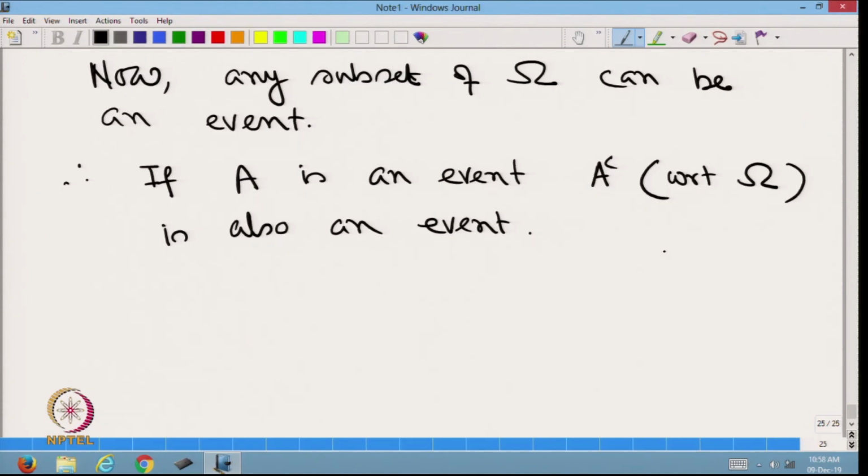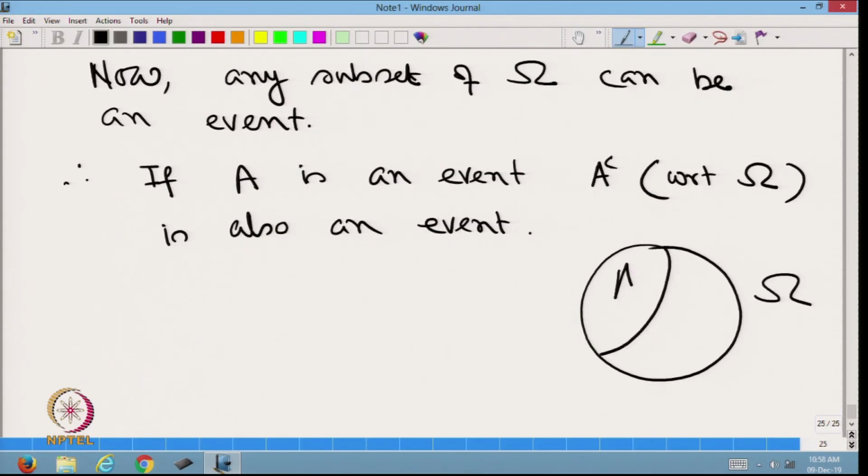In other words, if this is my omega and this is A, which consists of these elementary points, then A complement is also an event.